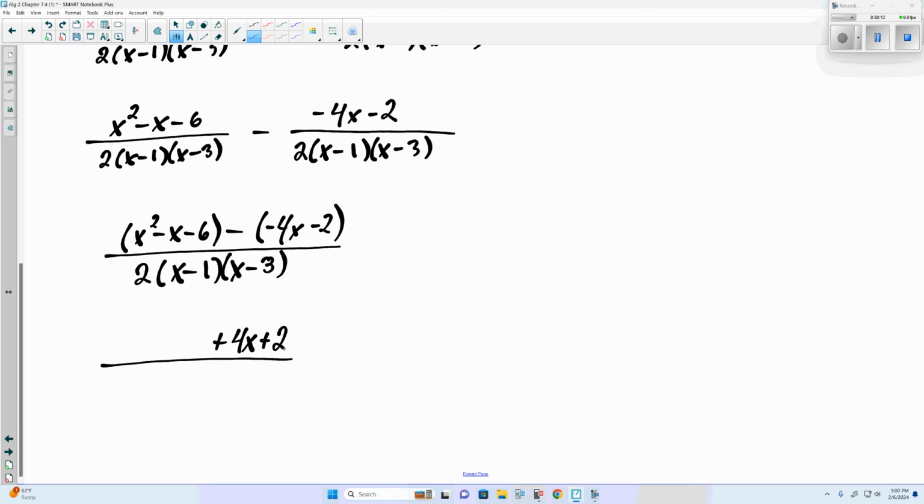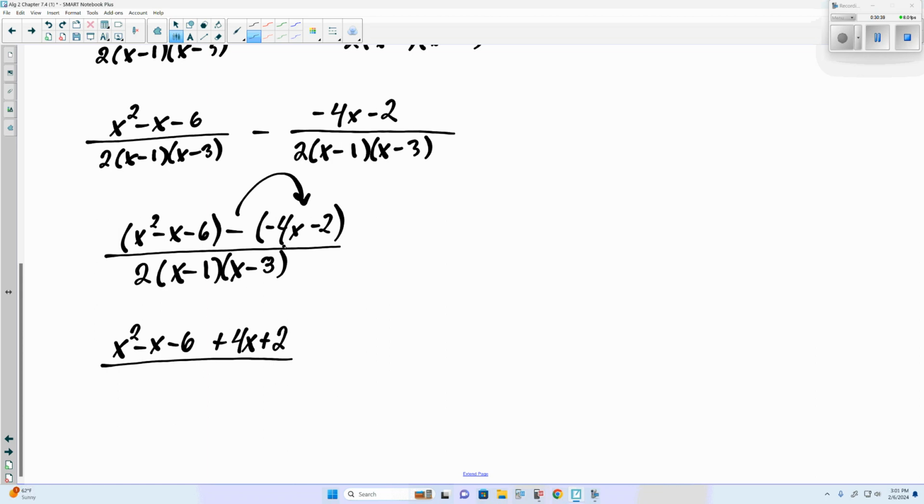Are you just doing that for example, or is that actually how it is? That's actually how it is. Because, again, we have to distribute that negative through the second numerator. That's why it's important to put that parentheses, so that we don't just apply that negative to the first term, but we have to apply it to every term.